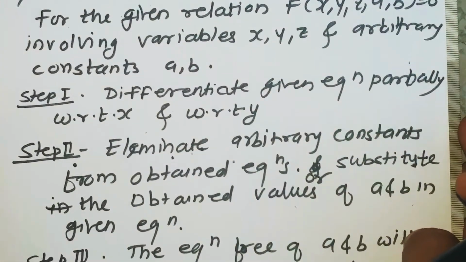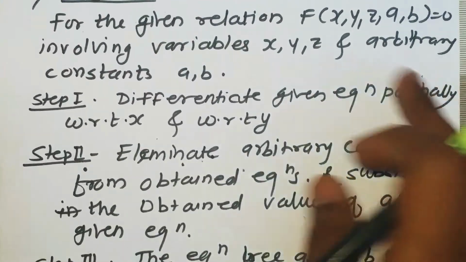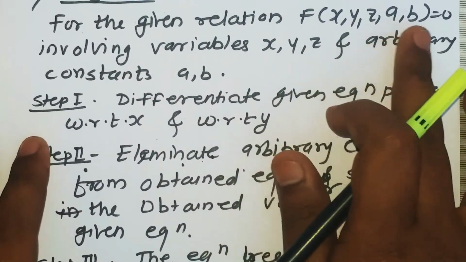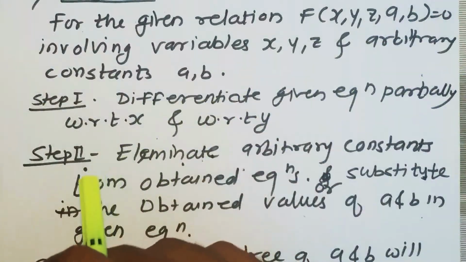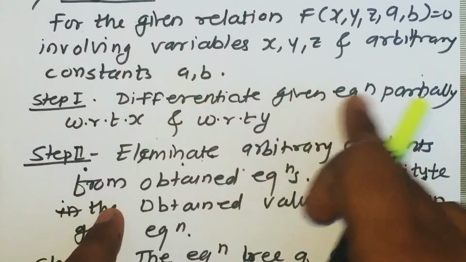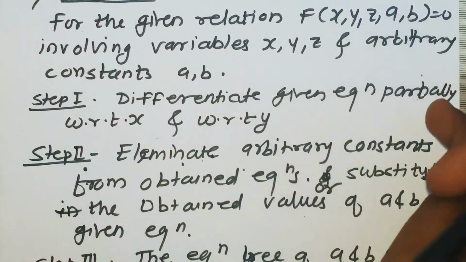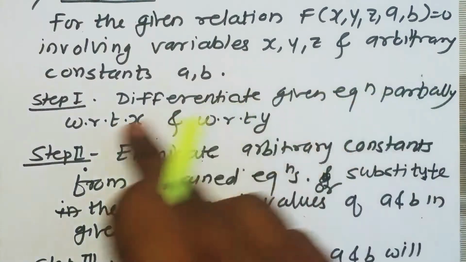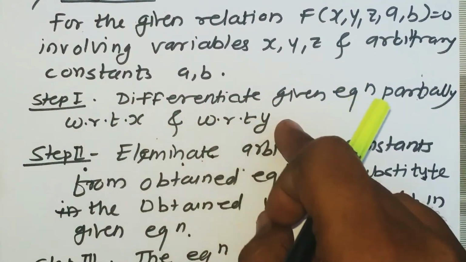So step 1, for forming a partial differential equation, whenever we have such a relation in front of us, it is clear that a and b are the arbitrary constants involved. Now step 1, we differentiate the given relation partially with respect to the x variable and with respect to the y variable.